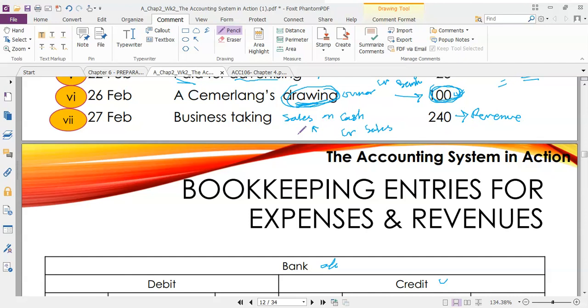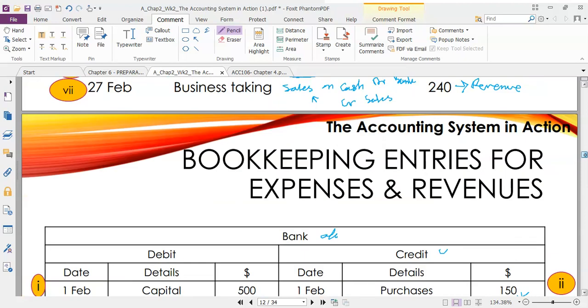We got the money from the sales of the product. So credit sales, increasing our revenue. Another one, bank. The money in the bank is increased, so we must debit bank 240 and also credit sales 240.